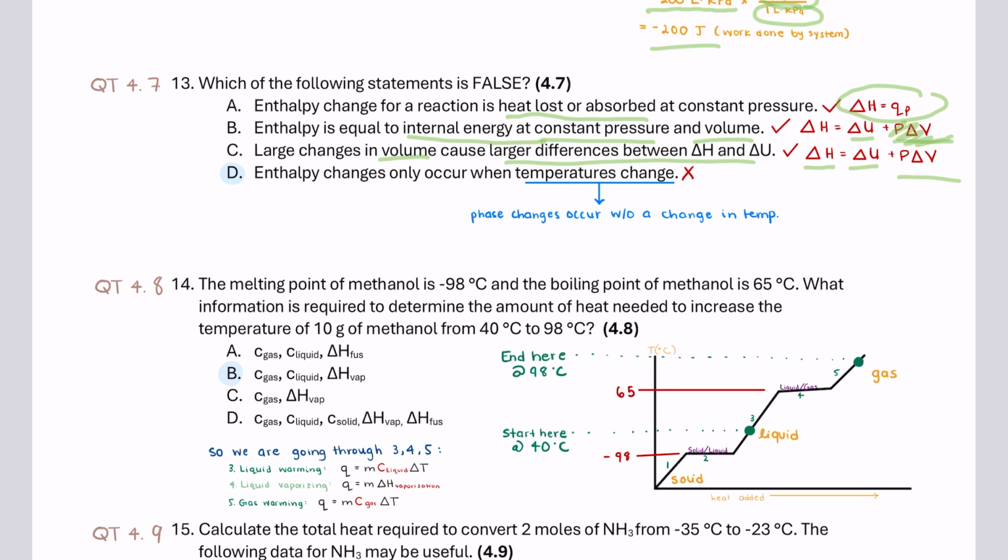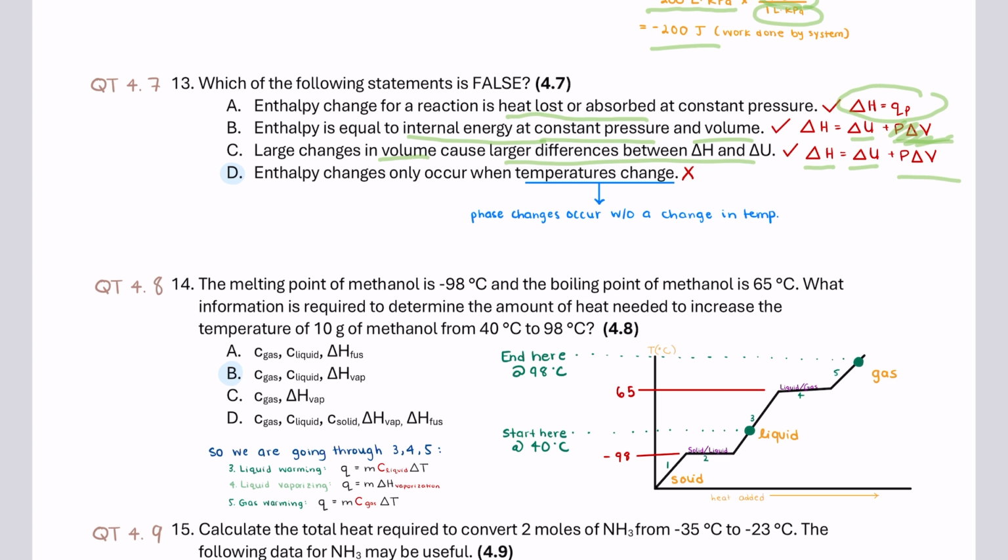Finally, D says enthalpy changes only occur when temperatures change. This is the false statement. Enthalpy changes can also occur without a temperature change, most notably during phase changes. For example, when ice melts at 0 degrees Celsius, the temperature stays constant until the entire sample has melted.